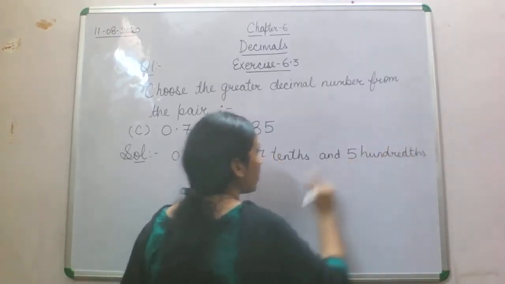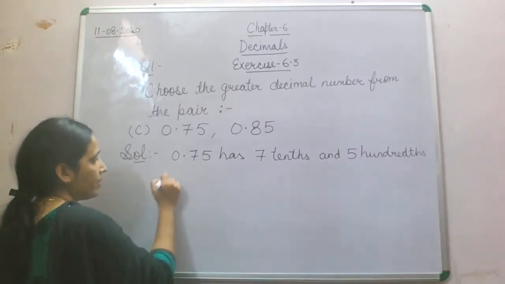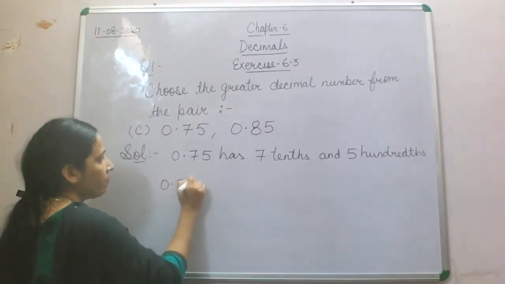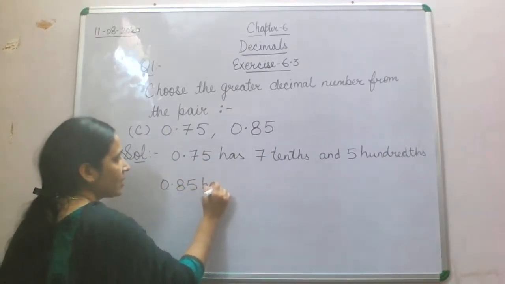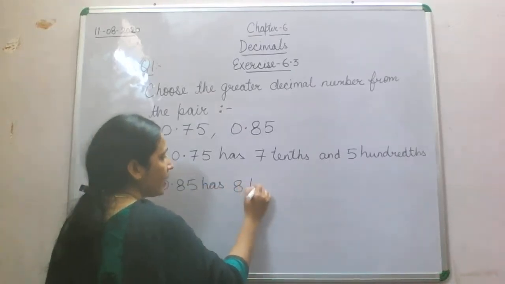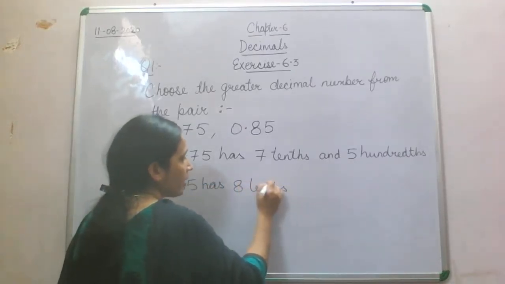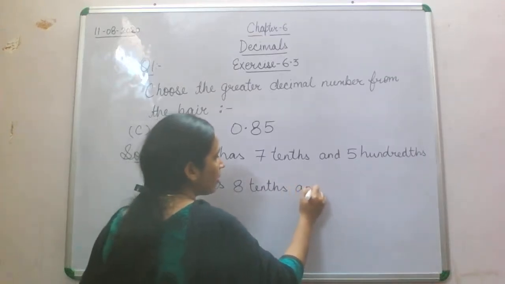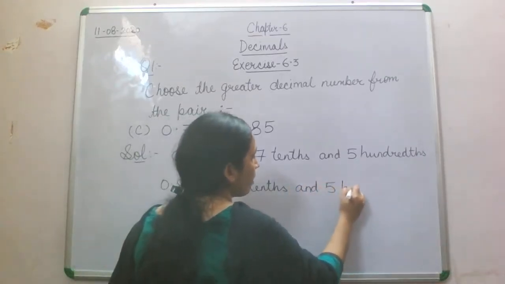Fine. Now we'll come to our next. 0.85 has 8 tenths and 5 hundredths.